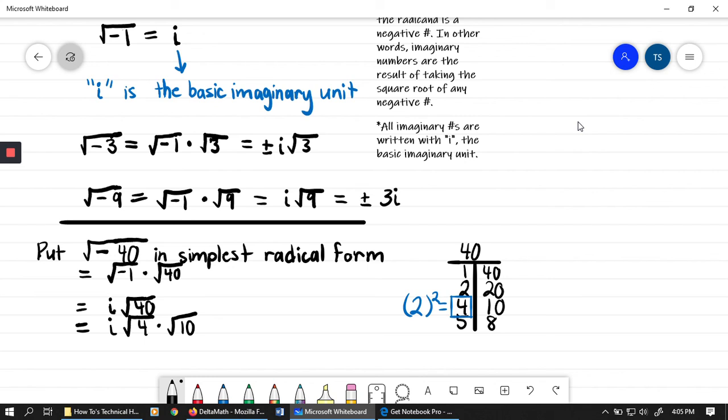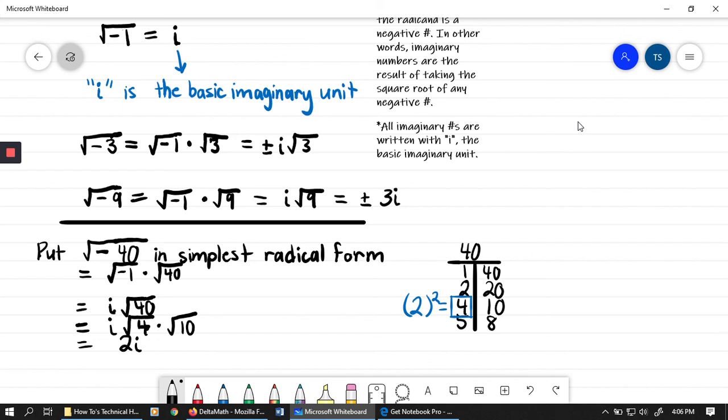Out of those two radicals, only one of them is a perfect square that will simplify. The square root of 4 is 2, and we already had I times that, so now we'll write this as 2I.